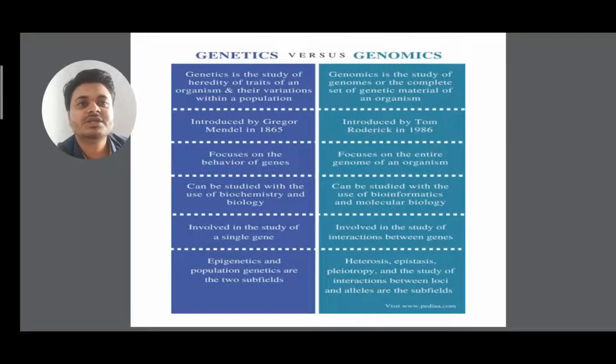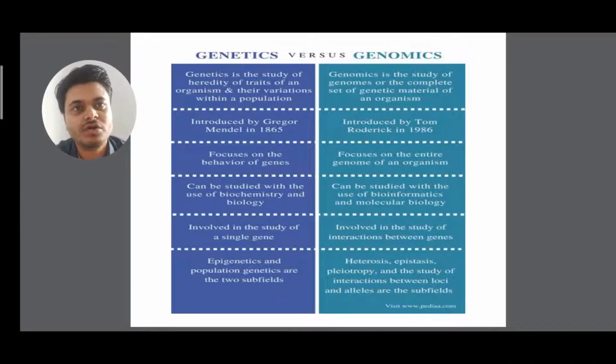Now what is the difference between genetics and genomics? Genetics is the study of heredity of traits of an organism and their variation within a population. And genomics is the study of the genome, the complete set of genetic material of an organism.